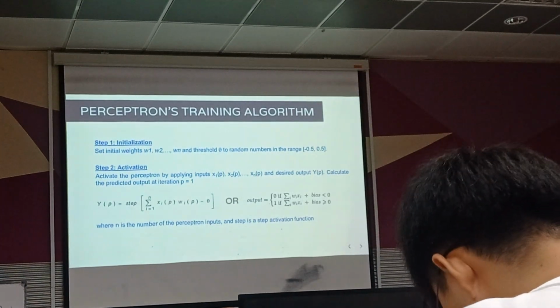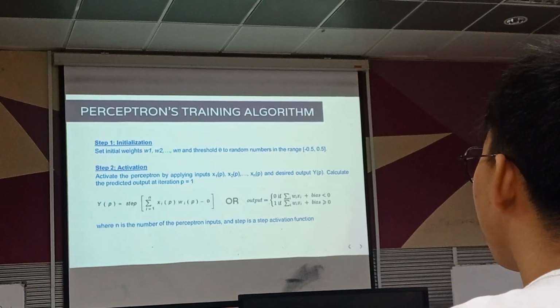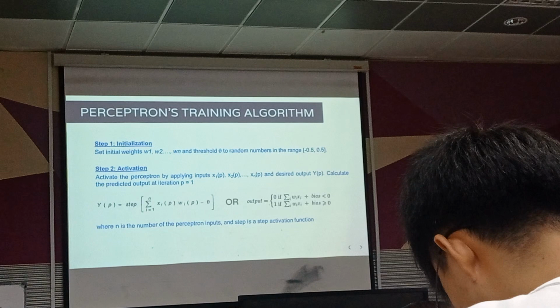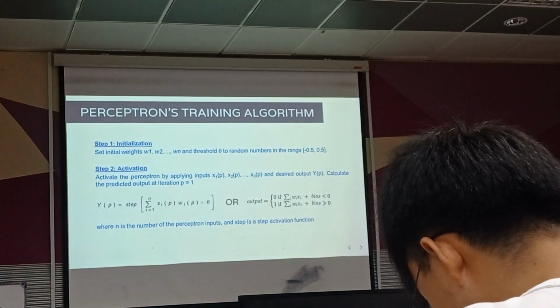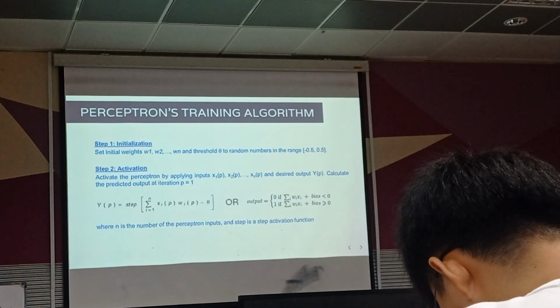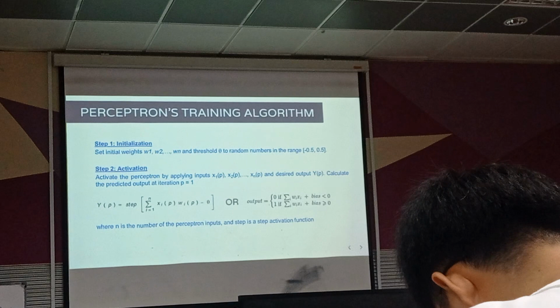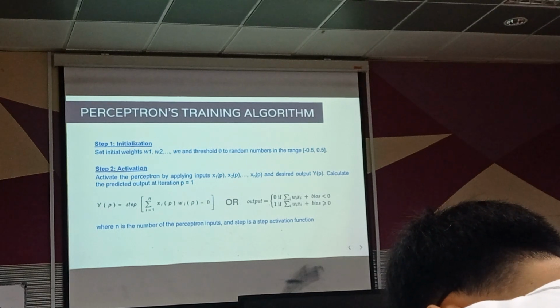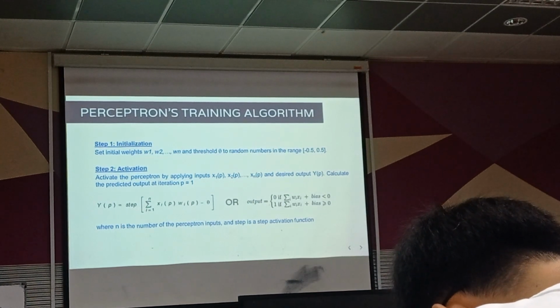More, right? 0.7 is more than 0.5. So we are going to fire this rule. Fire. So our output is 1. What does this 1 mean? This 1 here is your predicted y, the predicted output.